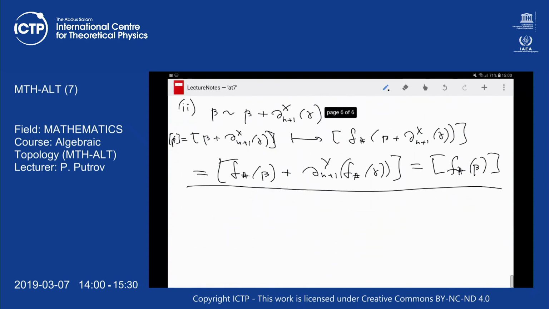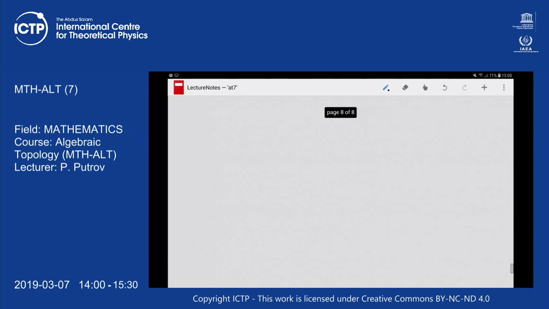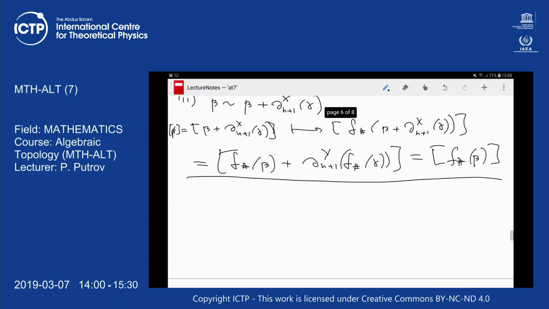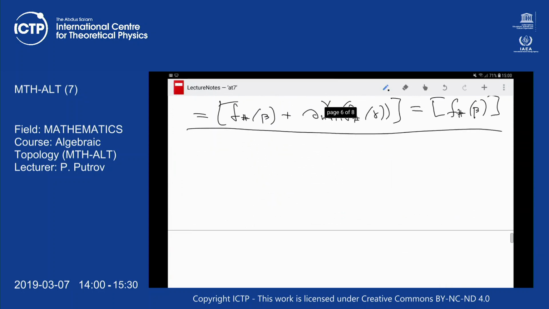So the induced push forward has a similar nice property as we had for the push forward for the fundamental group.